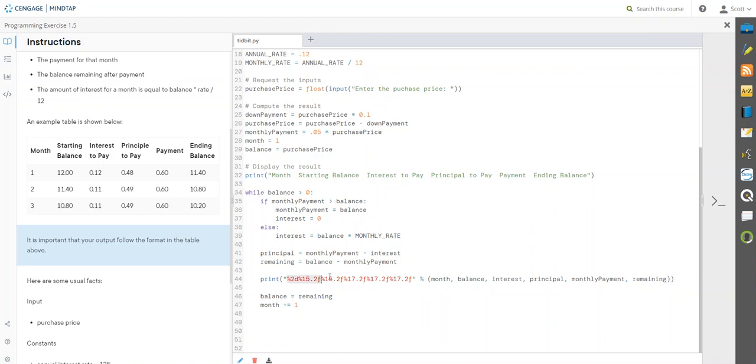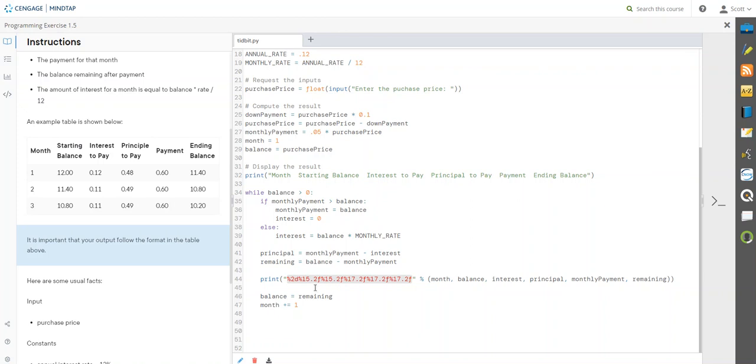So this is saying we're printing this thing out as a string and dropping these in at each one. 1, 2, 3, 4, 5, 6. We don't put spaces in there. This is just telling us how many spaces and how far and the type of formatting that we're using.